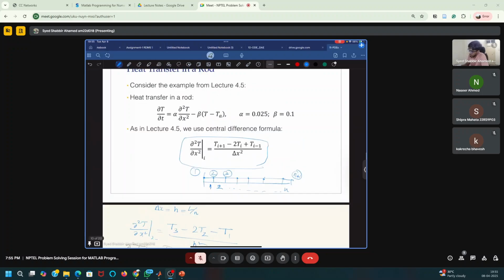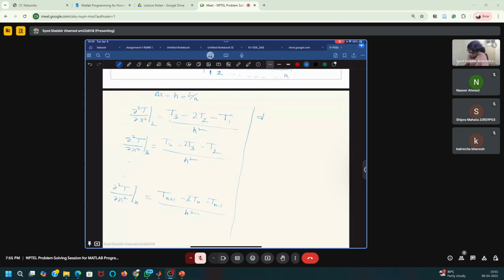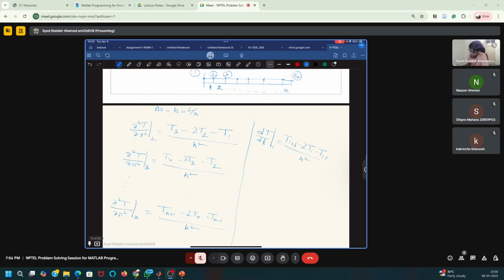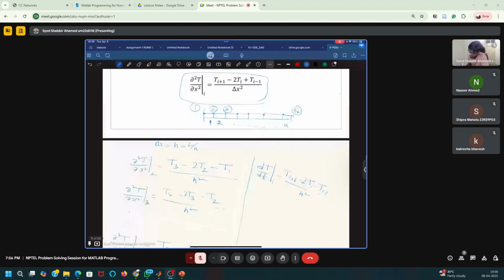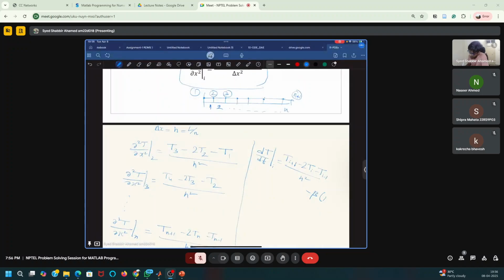So at each point you will get dT by dt at i is equal to Ti plus 1 minus 2Ti plus Ti minus 1 by h square, plus minus beta into T. Sorry, because I am taking at the ith point, so Ti.